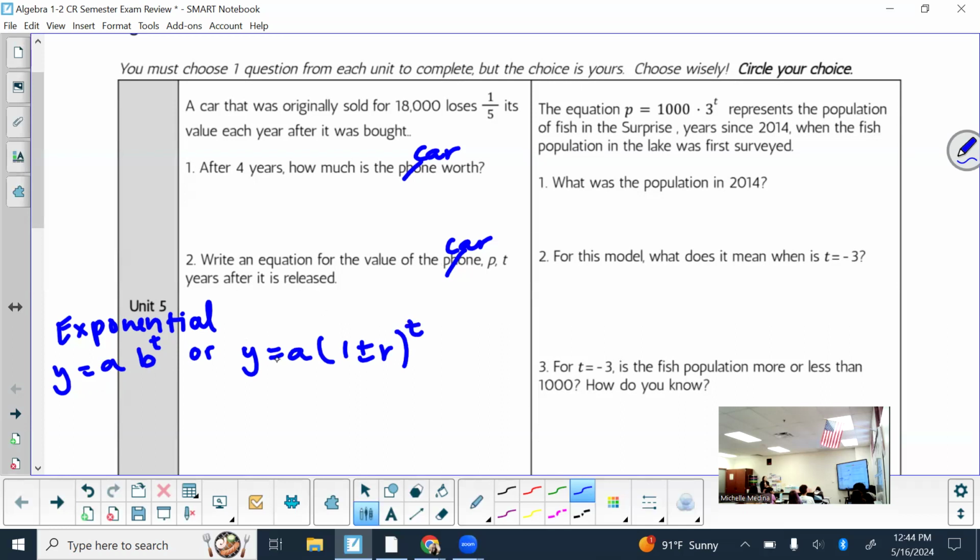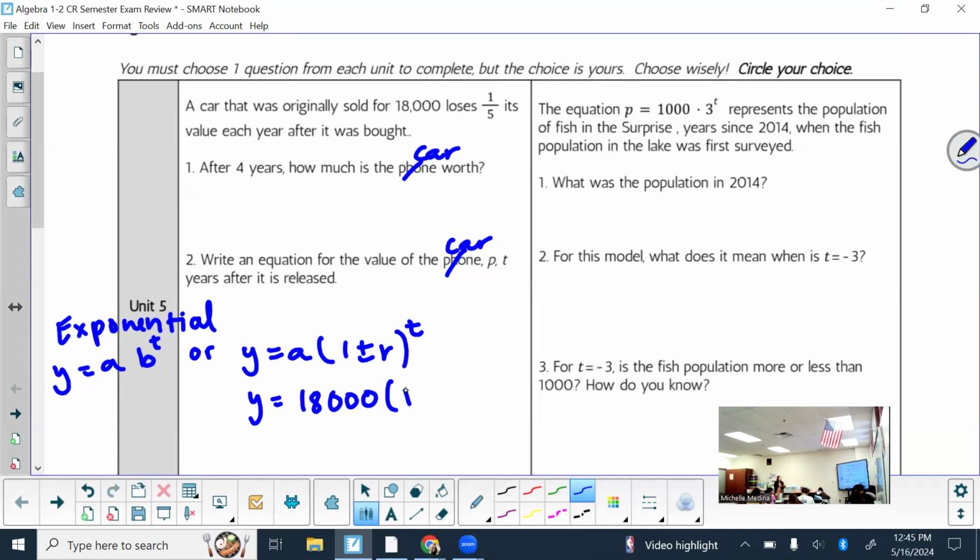So these are both for exponential functions. Since we are talking about it losing 1/5 of its value, you don't multiply by what you're losing, you multiply by what you're keeping, remember? So I'm going to use this formula to help me set it up. If A is for initial amount, what's my A in this situation? 18,000.